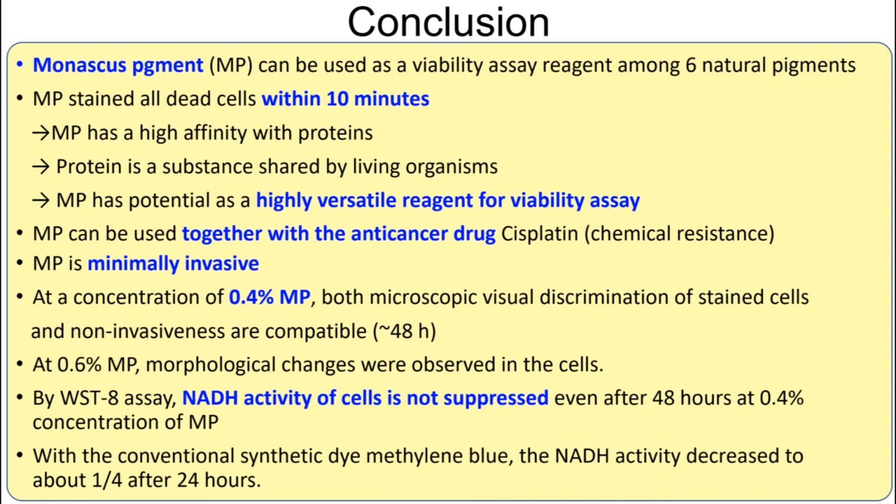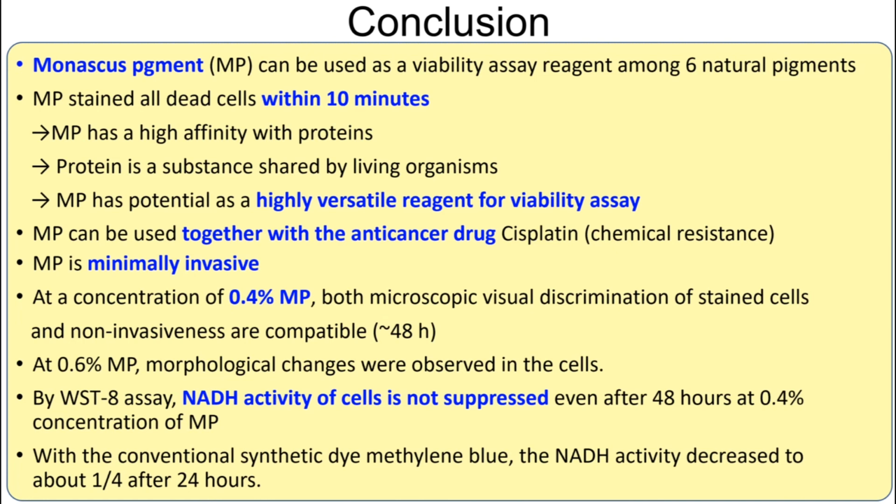In addition, monascus pigment can be used in combination with the anti-cancer drug cisplatin, and monascus pigment showed chemical resistance. Monascus pigment is minimally invasive and 0.4% monascus pigment concentration is the appropriate concentration.